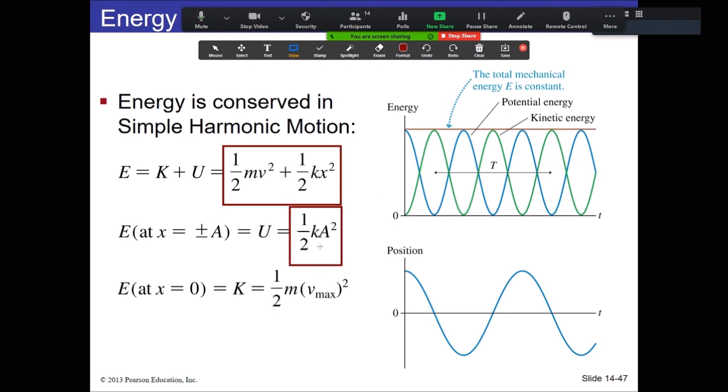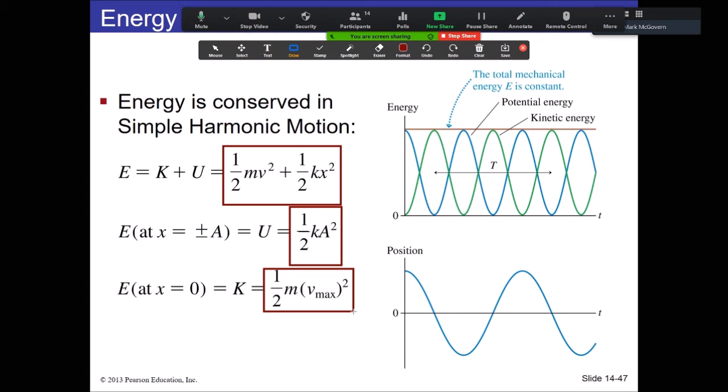Through the equilibrium position, the position is 0, therefore the potential energy is 0, and our speed is at the maximum value, so we can write our total energy as 1/2 m v max squared. These three expressions I've boxed here are all identical, all equal to each other, because they're simply different snapshots in time of the same system.